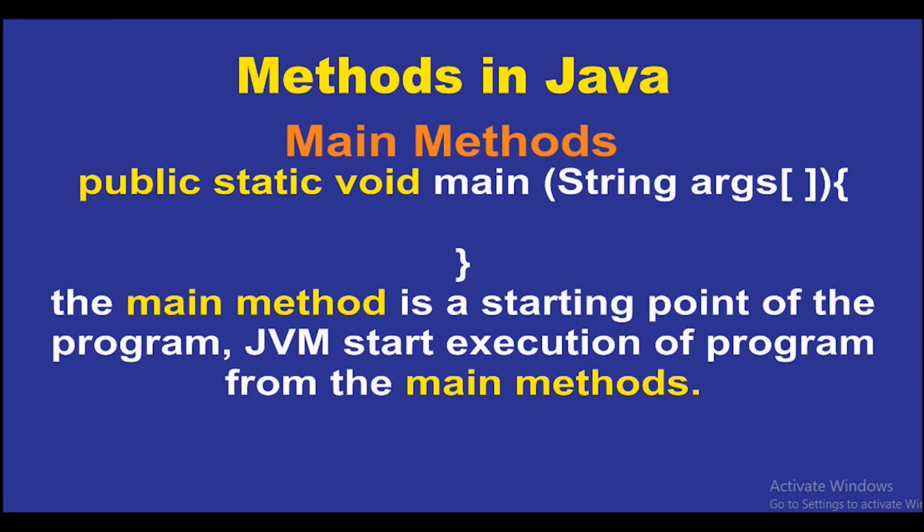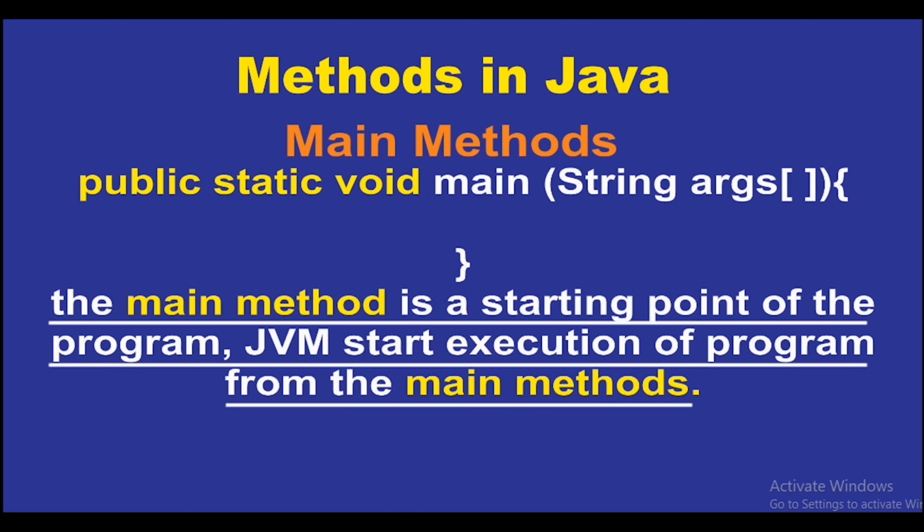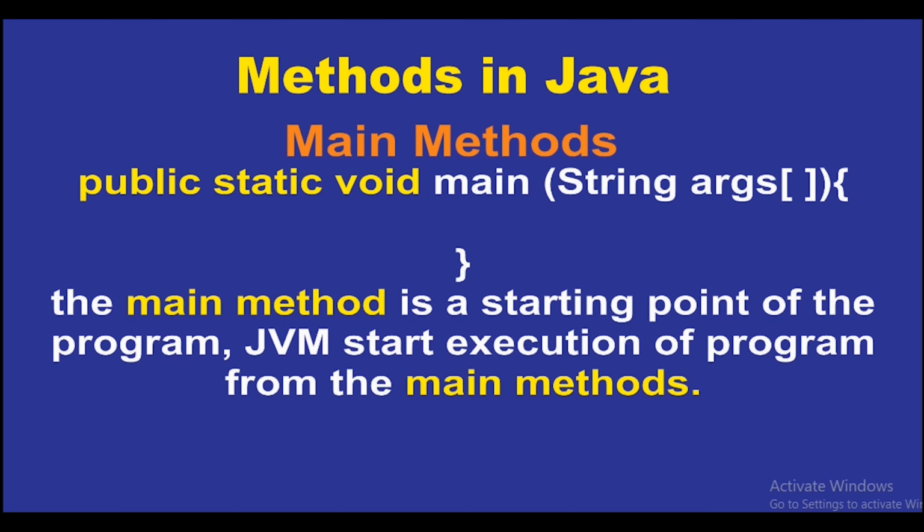In learning Java methods, it is very important to know about the main method in Java. The main method is the starting point of the program. The JVM, which means Java Virtual Machine, starts execution of the program from the main method. Public means that it allows access to the method from outside the program.